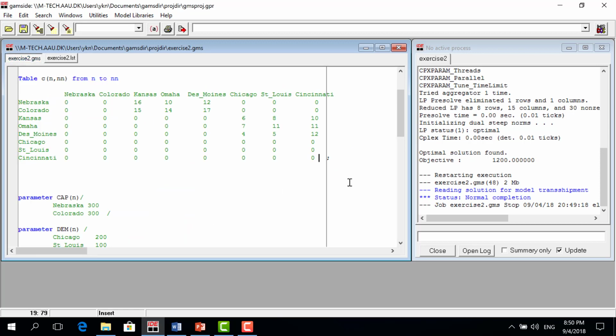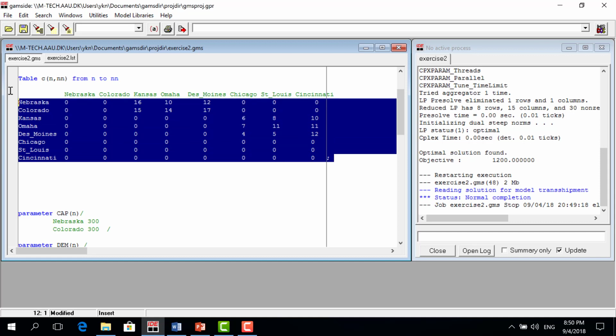First, I just realized that we need to tell the software or the model that there is some rules that is not allowed directly to deliver products from Nebraska to Chicago, for instance. And therefore, we have another tabulation here.